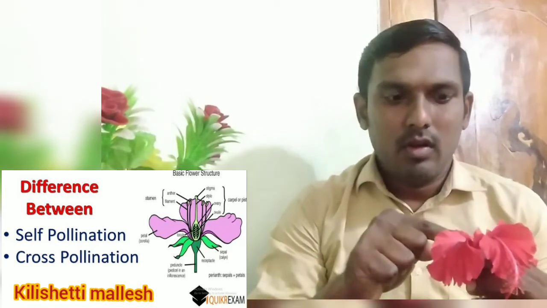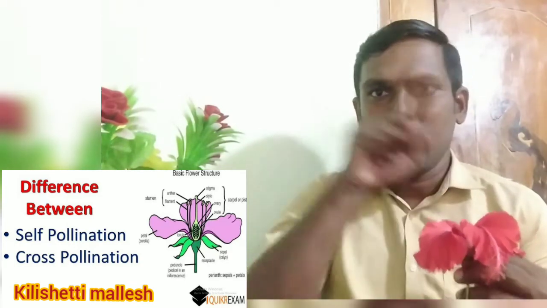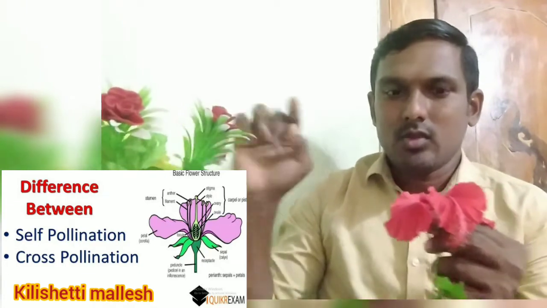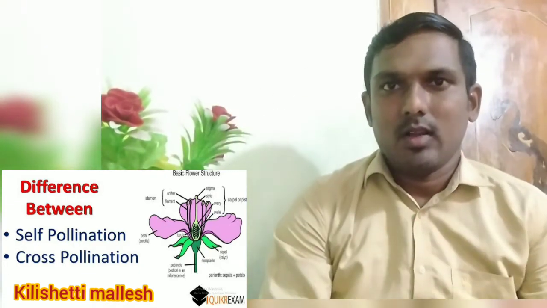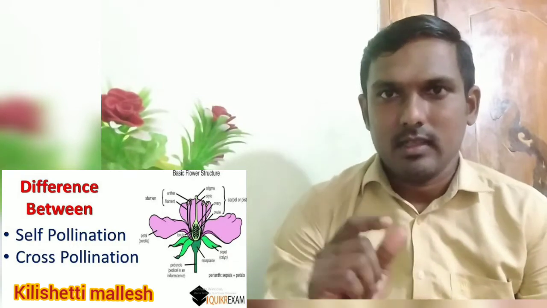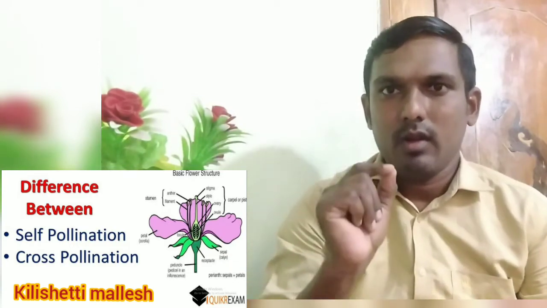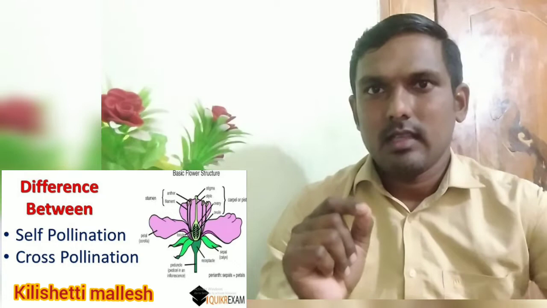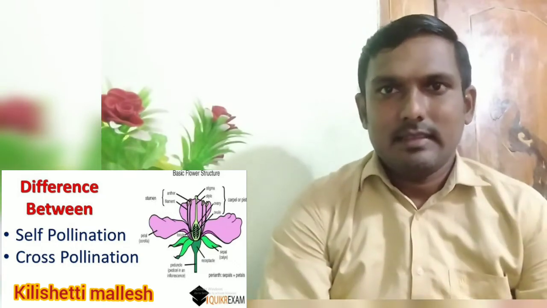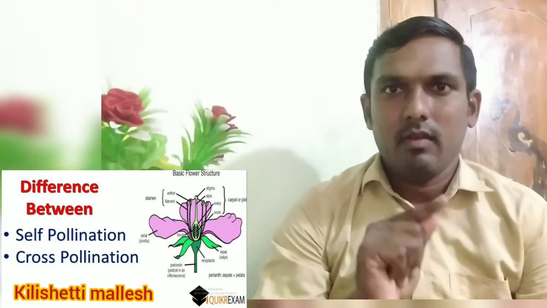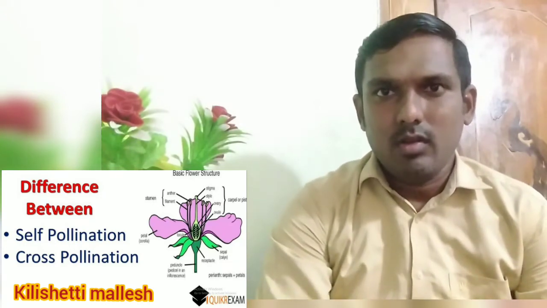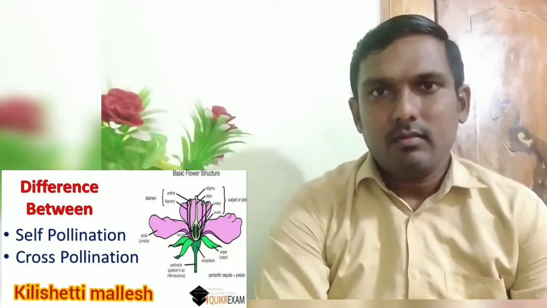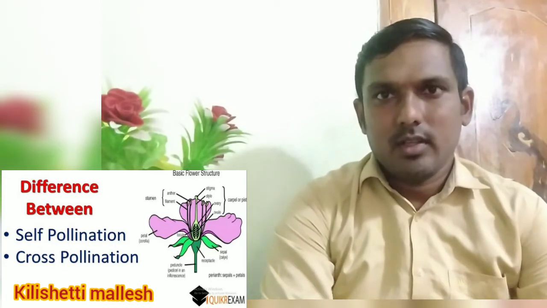When the pollen grains of one flower reach another flower, it is called cross pollination. Once again, pollen grains reaching the same flower is self pollination, and pollen grains reaching another flower is cross pollination.